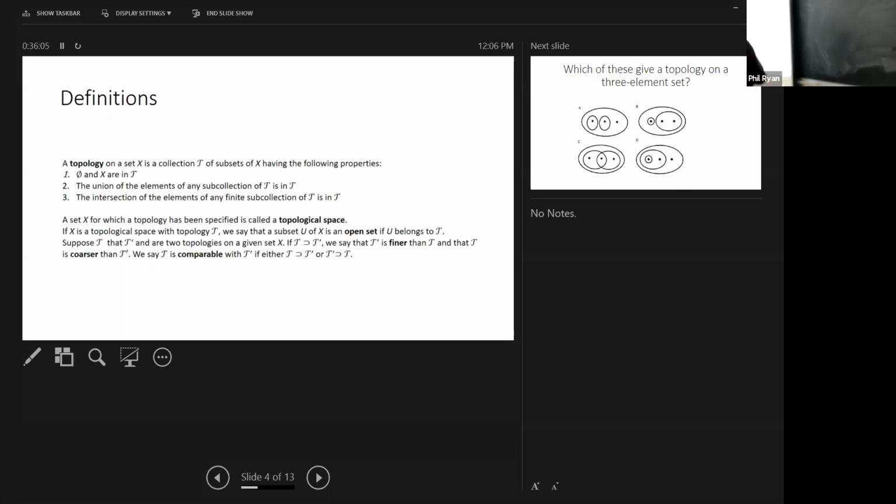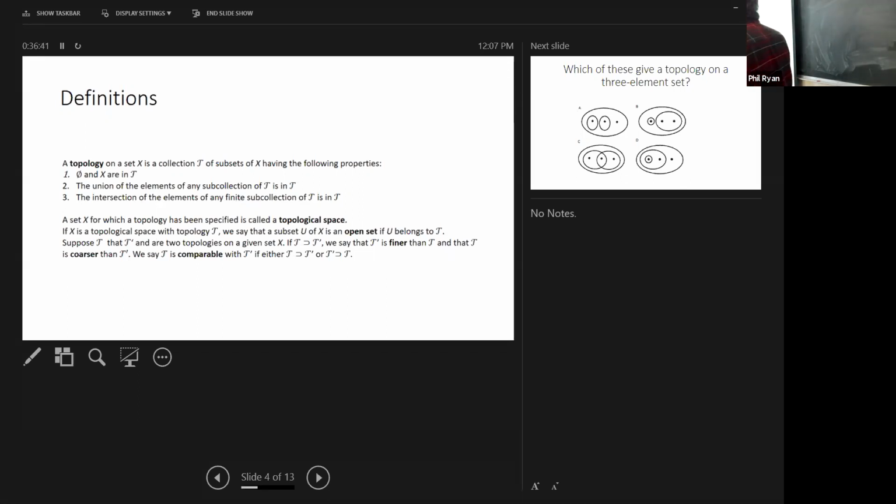So a topology on a set X is a collection of subsets of X having the following properties. The empty set and the entire set are in the topology. The union of the elements of any subcollection of the topology is in the topology. And the finite intersection of any subcollection of sets in the topology is in the topology.